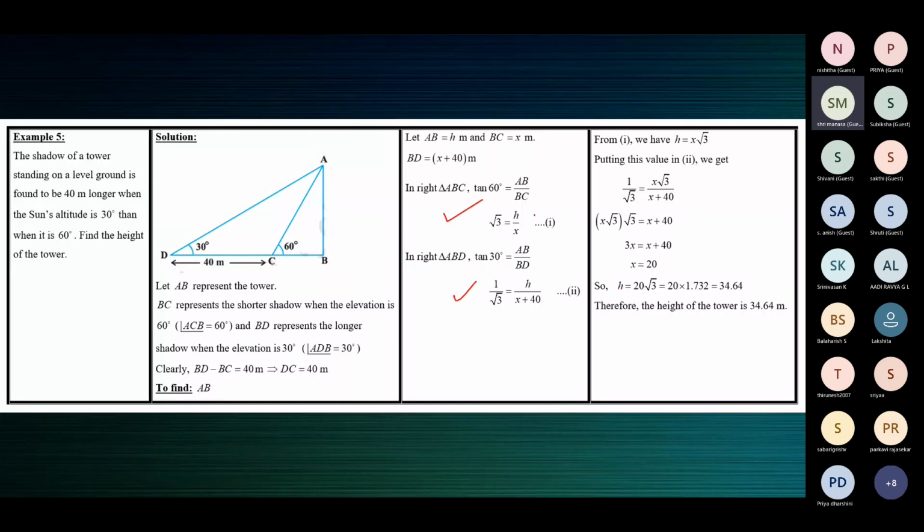What you can also do is write both 1 and 2 in terms of the same variable. For example, what is h from the first one? From 1 we have h is equal to root 3x.